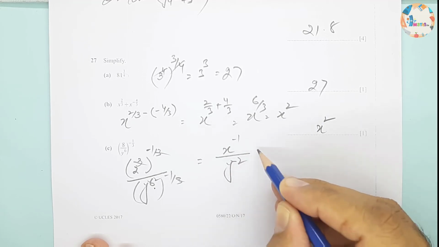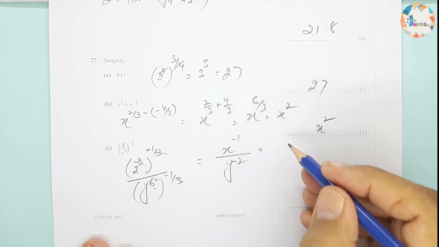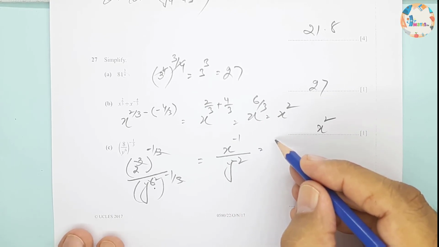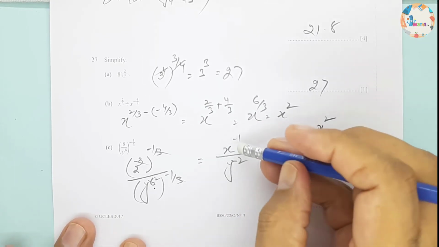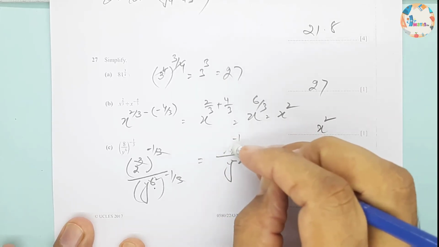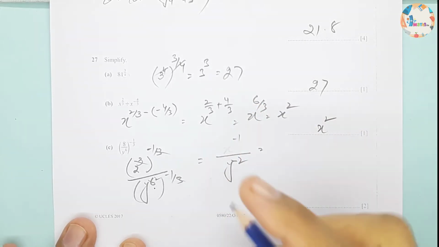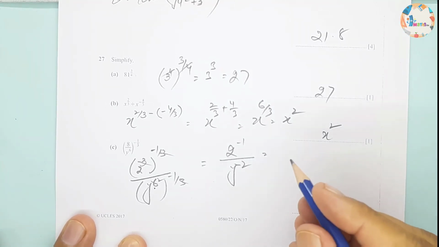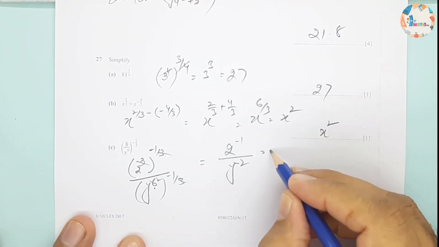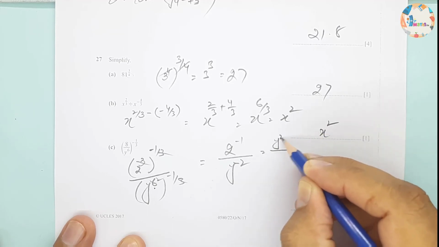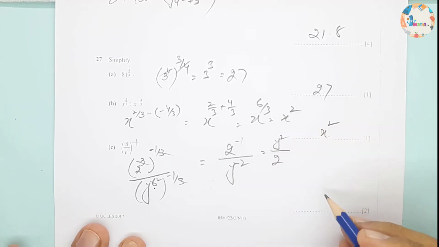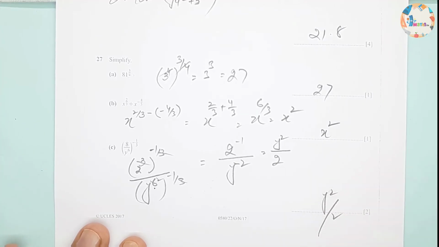Now we will switch them because their powers are negative, so powers will be positive. So y square over 2 will be our answer.